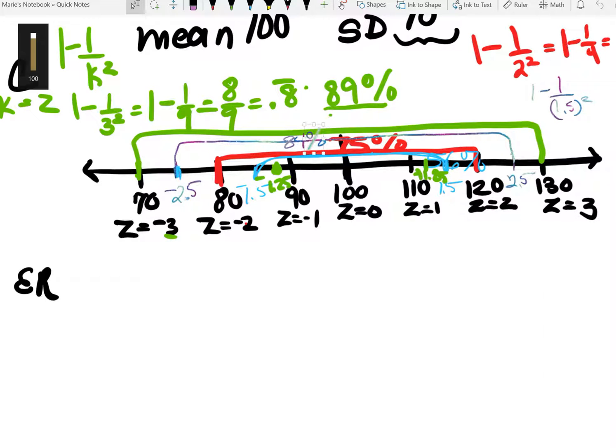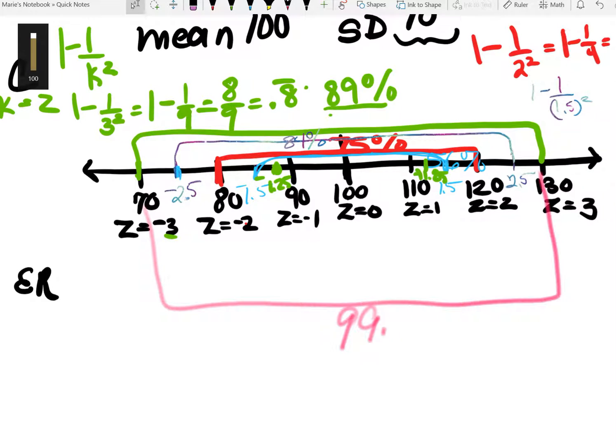According to empirical rule, it does not require a formula, and nor will you need a formula once I've done this with you. I could tell you that between the threes, this is known as 99.7%, no questions asked. So the two scores between 99.7% are 70 and 130.